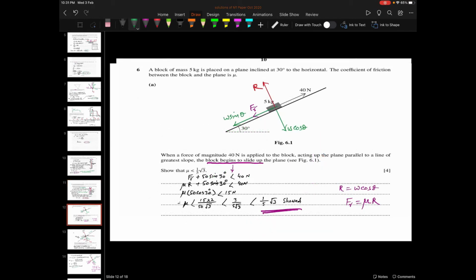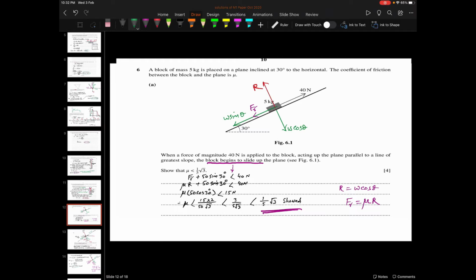Question number 6. A block of mass 5 kg is placed on a plane inclined at 30 degrees to the horizontal. The coefficient of friction between the block and the plane is mu. A part.